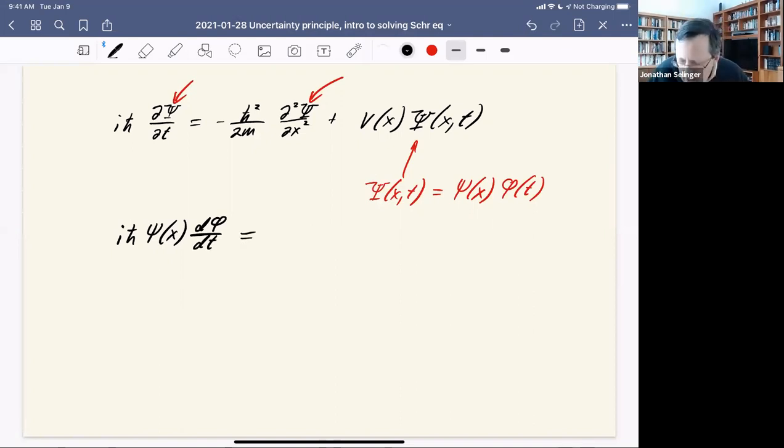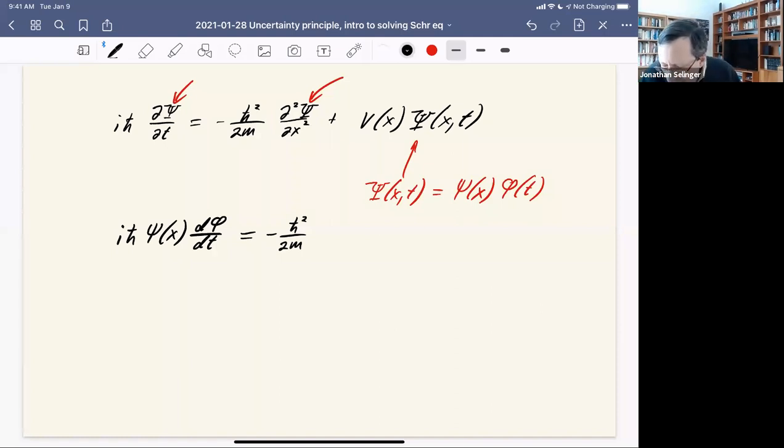Okay, that is equal to, let's go on to the next term. Minus h bar squared over 2m. Right here we have a second derivative with respect to x.